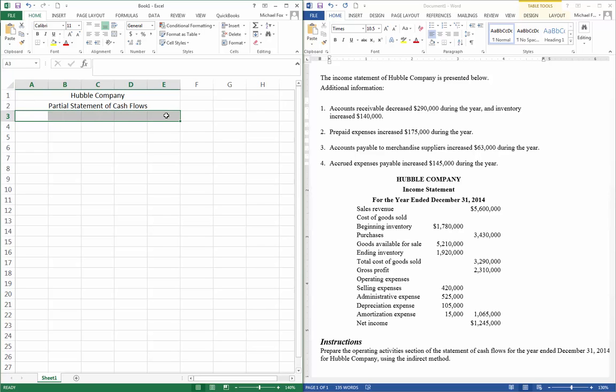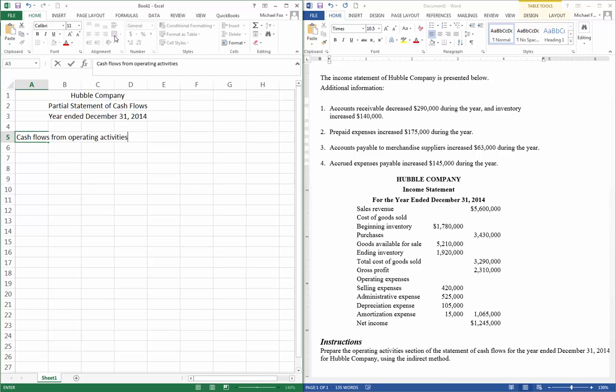Okay, so we'll start with our cash flow from operating activities since that's the only section we're actually going to do. We start with net income.